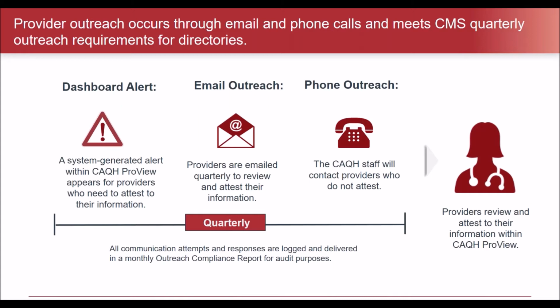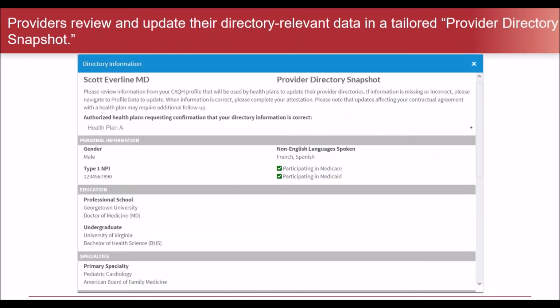And then finally, if we don't get a response from a provider during that normal quarterly outreach, we do have a backstop in terms of actually calling those providers at least every 6 months to determine if they're receiving our emails and if they're able to make the updates to their directory data. So again, this is a key component of what we offer, and we do make sure that it meets those CMS requirements.